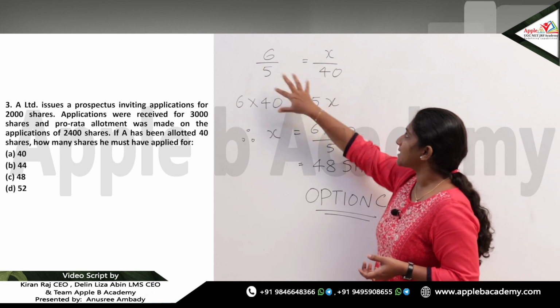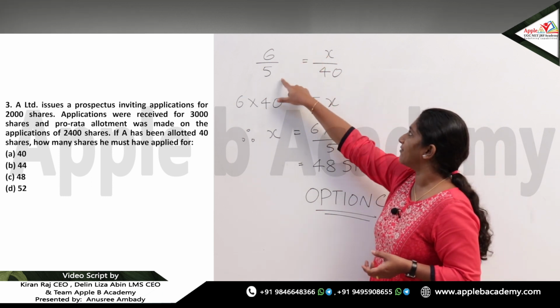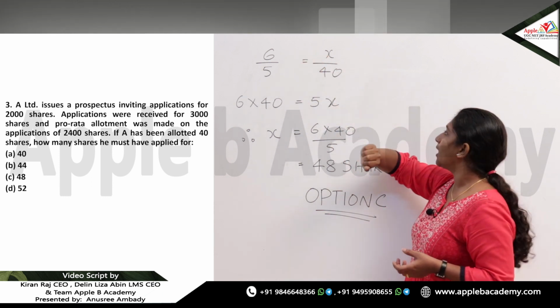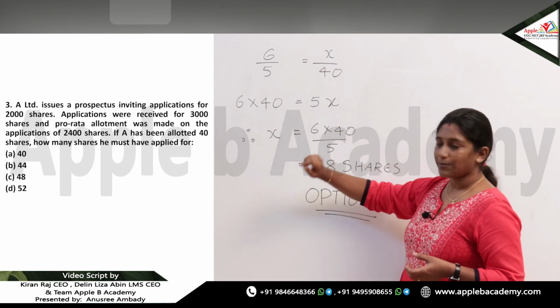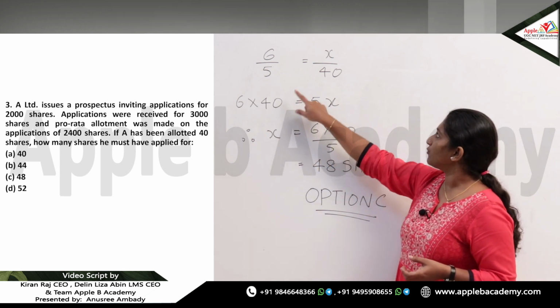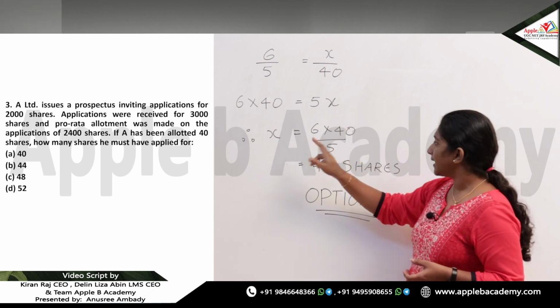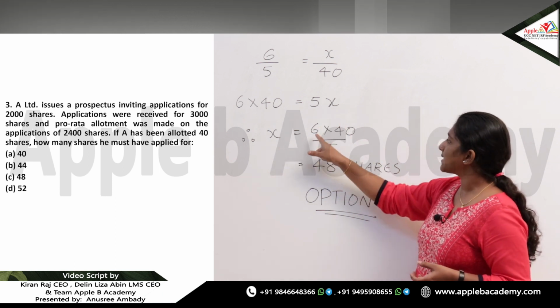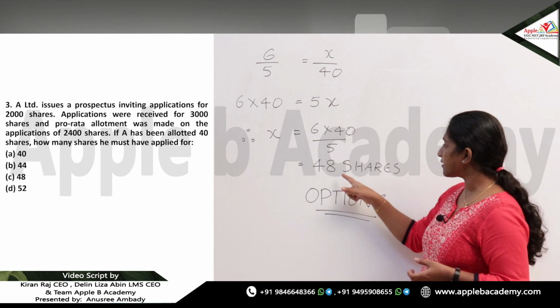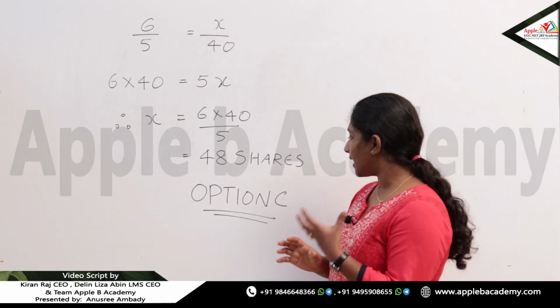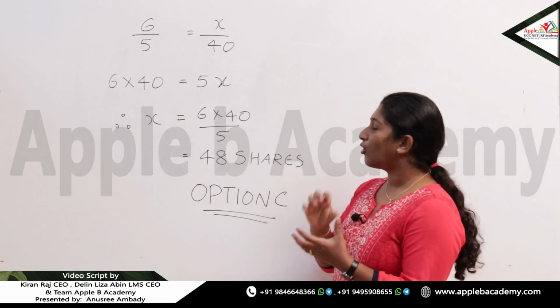So the equation is 6 by 5 equal to X by 40. When we cross multiply, we get 6 into 40 equal to 5X. Therefore X is equal to 6 into 40 by 5, that means 48 shares. So the right answer is option C, 48 shares.